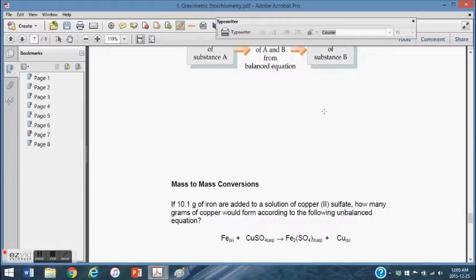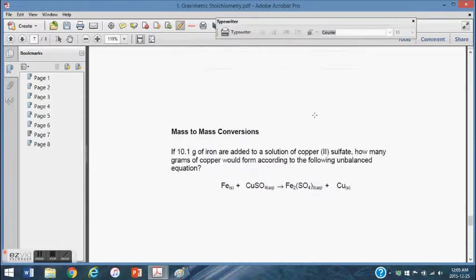So I've got an unbalanced equation, and typically you get an unbalanced equation, so deal with it. Let's balance this thing before we do anything, really. I've got 2 irons on the right-hand side, and 2 needs to go over here.